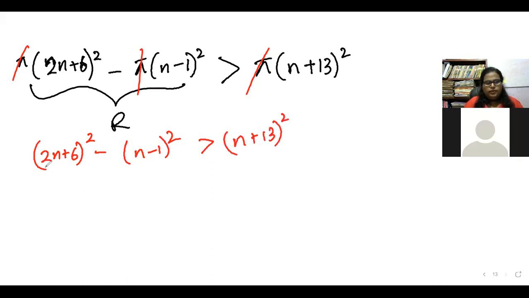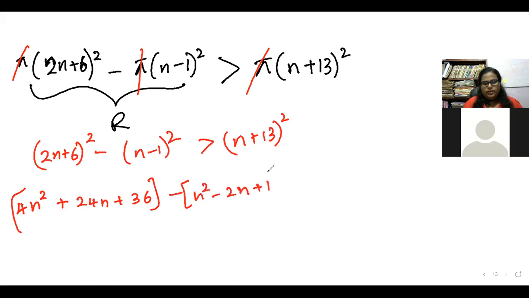So when you are expanding this one, you can write 4n square plus twice the multiplication of these two terms, so 24n plus 36, minus n square minus 2n plus 1, greater than n square plus 26n plus 169.